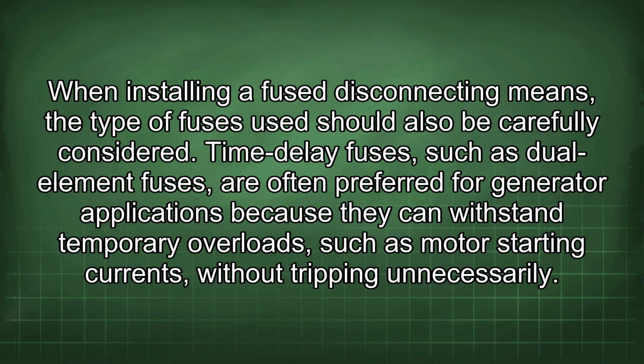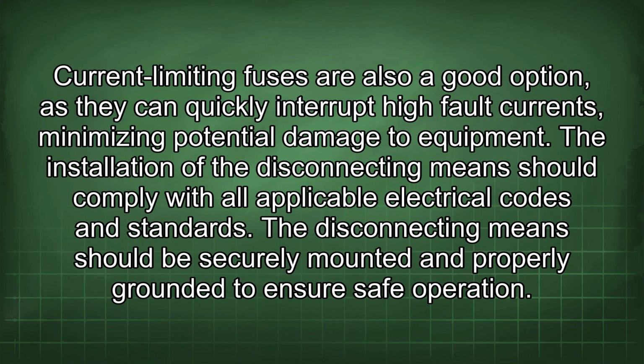Time delay fuses, such as dual-element fuses, are often preferred for generator applications because they can withstand temporary overloads, such as motor starting currents, without tripping unnecessarily. Current-limiting fuses are also a good option, as they can quickly interrupt high fault currents, minimizing potential damage to equipment.